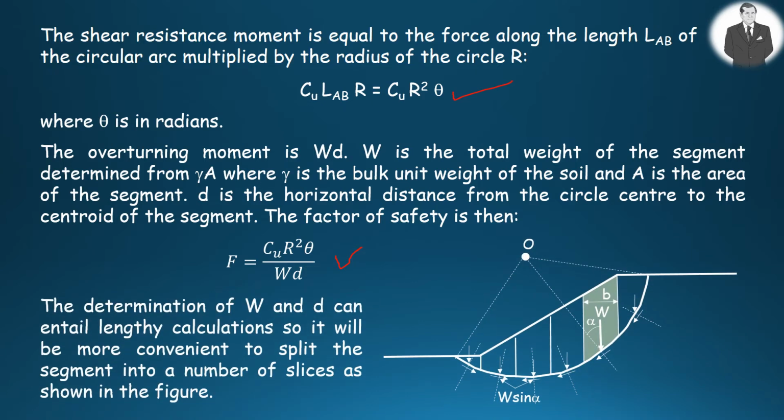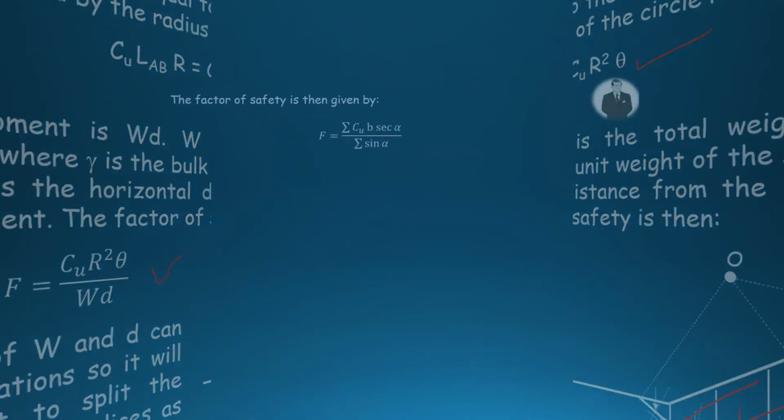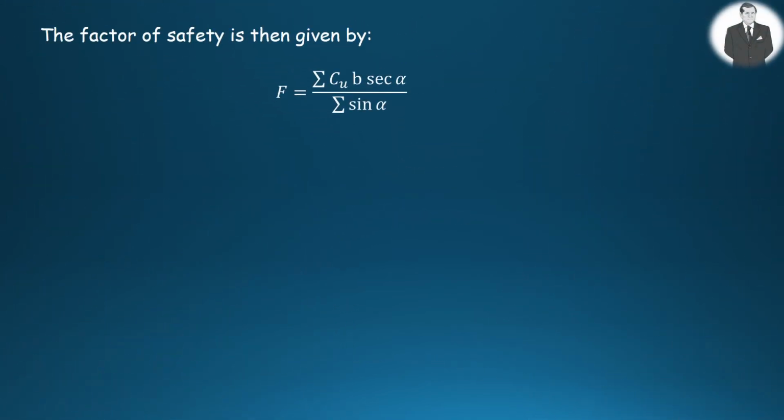The determination of the weight of the segment and D can require lengthy calculations. So it will be more convenient to split the segment into several slices as illustrated in the figure. The factor of safety is then provided by the equation given here.